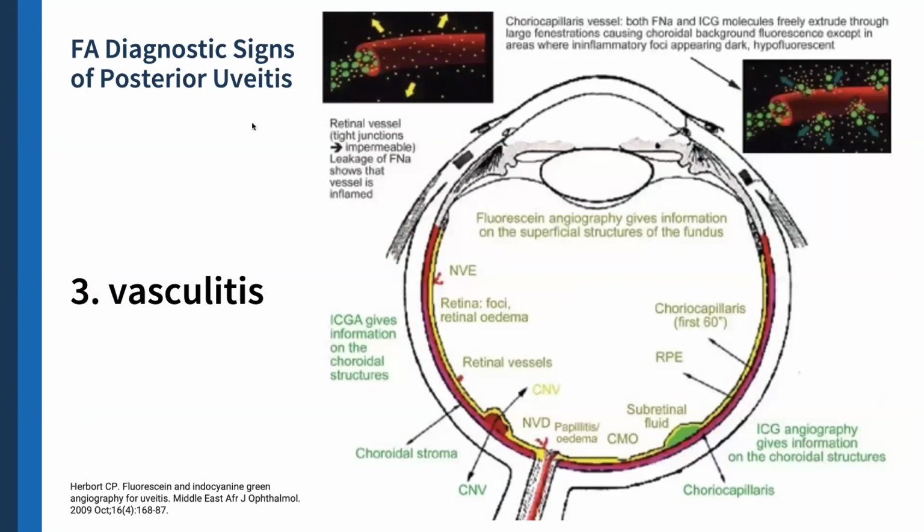So then the last sign on FA that everyone should know about is vasculitis. Before we tackle vasculitis, just a quick review, especially for the residents. As you know, the retina has two main sources of blood supply. There's the outer retina and then there's the inner retina.